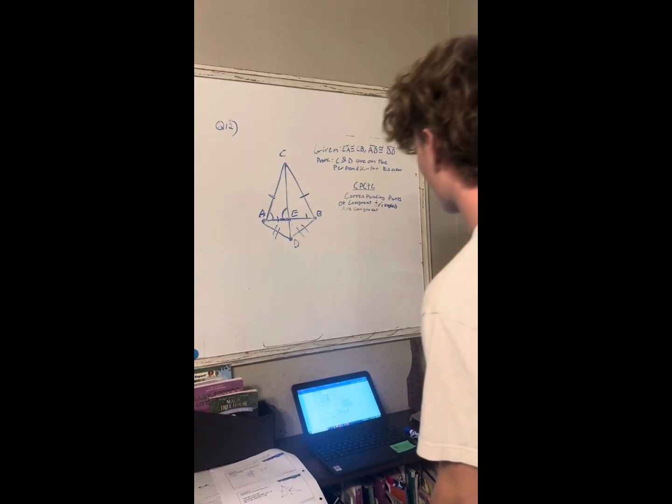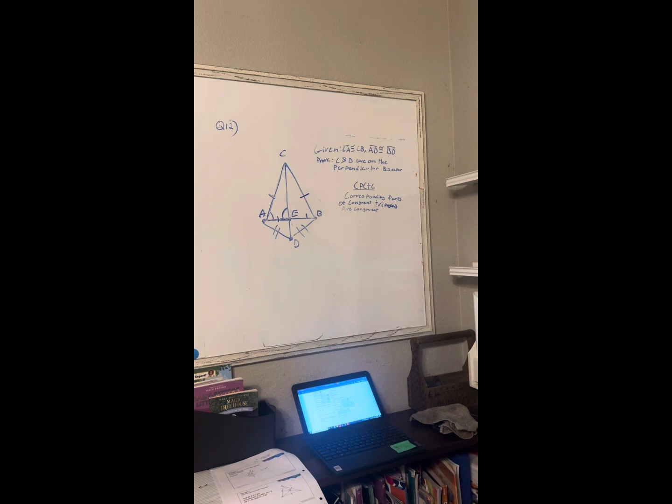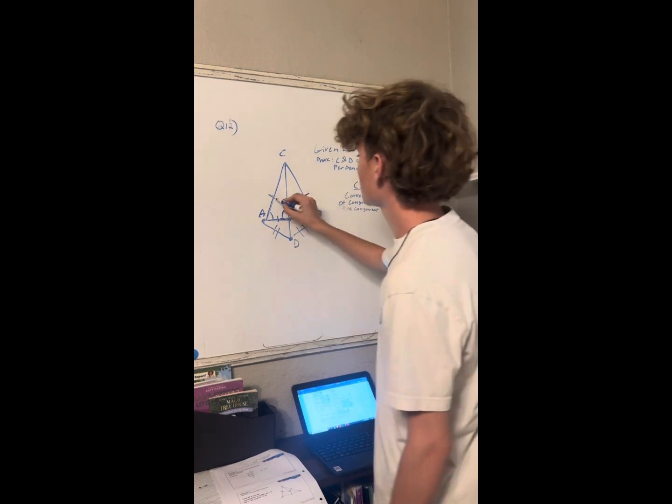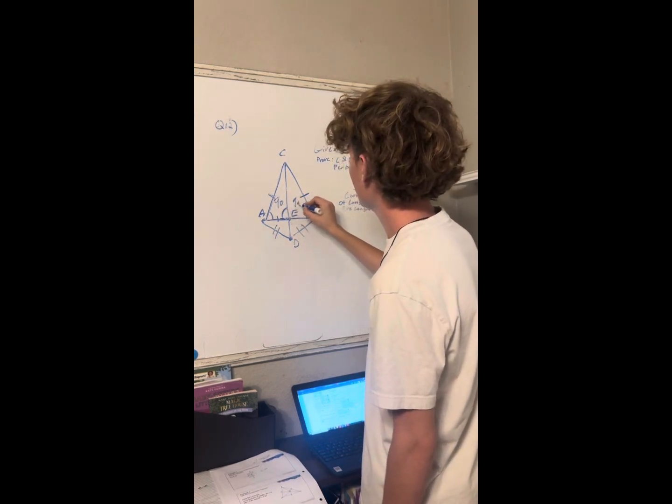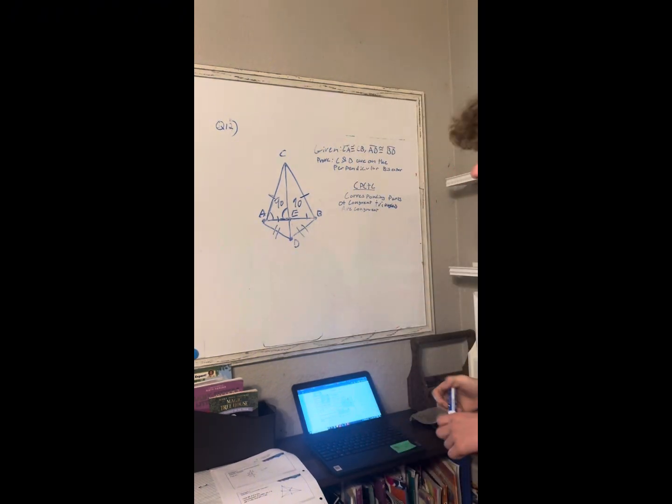Number 13 on question 12 is CEA plus CEA equals 180, which is substitution, right? That means that both of these angles are 90 degrees, which makes them both add up to 180.